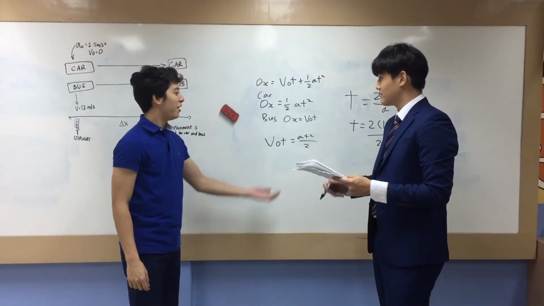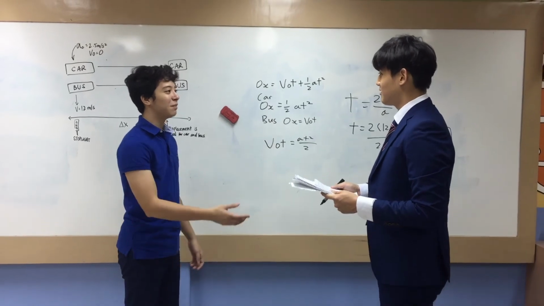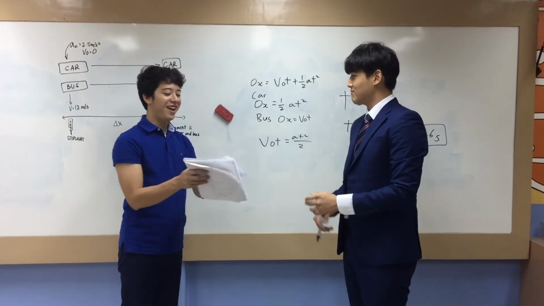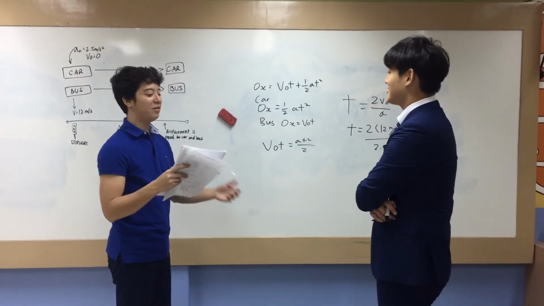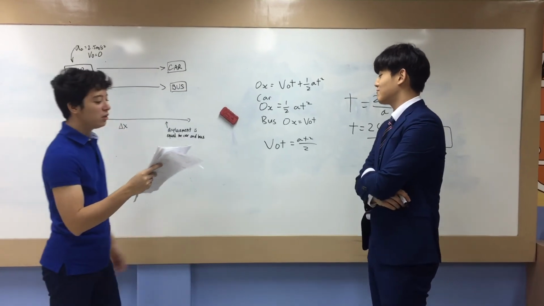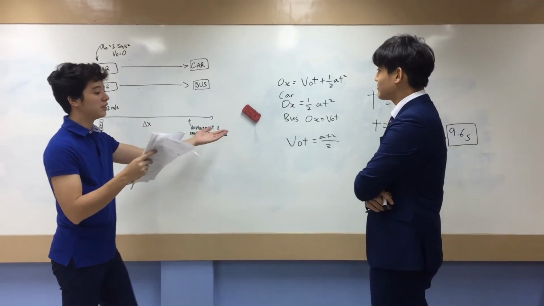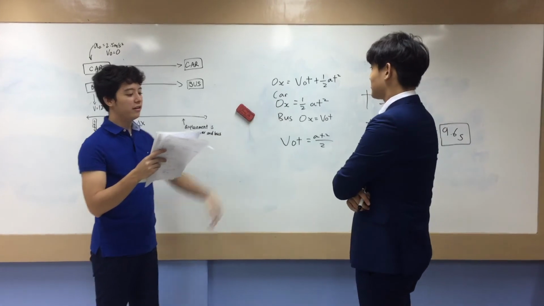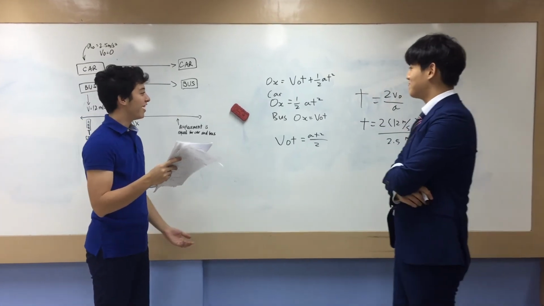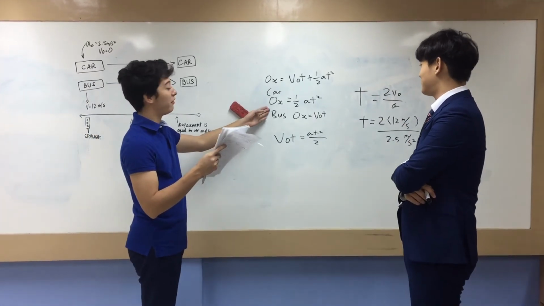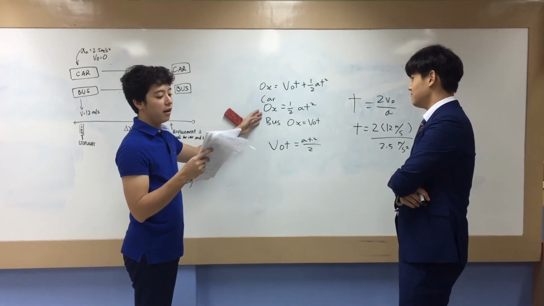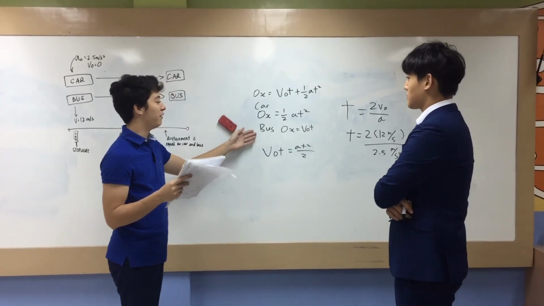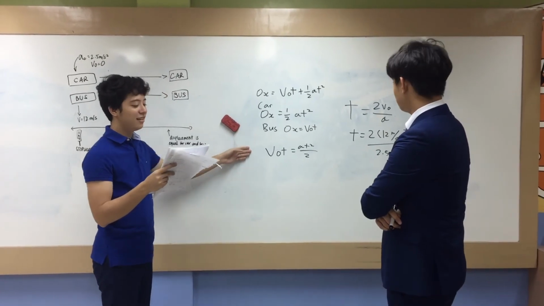Okay, so now that we found time, we can move on to finding the displacement, right? Right. Okay, so maybe to find the distance, we can use one of the simplified equations that we got a while ago. Exactly. Alright, so the car or bus simplified equation will do, right? Mm-hmm. And they'll both have the same answer if I use either of the two. Yeah.